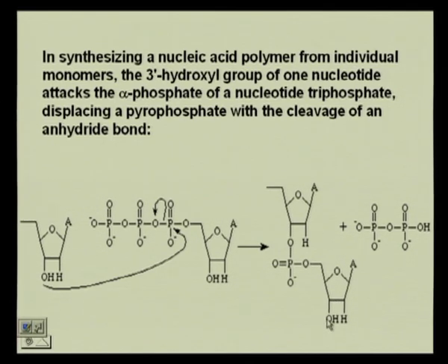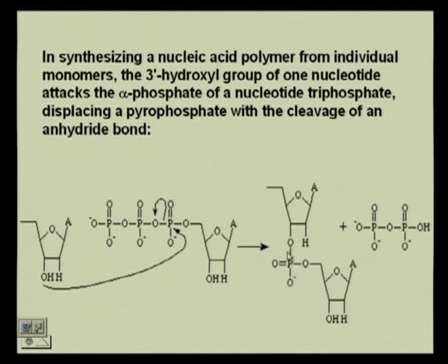Now, this 3 prime OH can do what? It can go and attack another triphosphate that has another base attached to it, and it is going to then form a linear chain of the nucleic acid polymer. Okay?